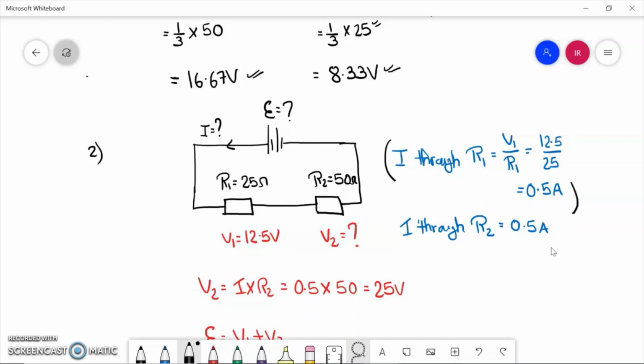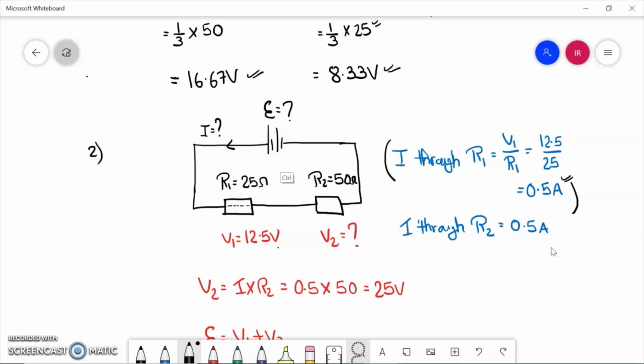Current through R1 is V1 by R1, the voltage of this resistor divided by the resistance of this resistor. The 0.5 ampere current I'm getting is the value of current flowing through R1. And in a series circuit, as we know, the current flowing through R1 should be the same as R2 and the same throughout the circuit.